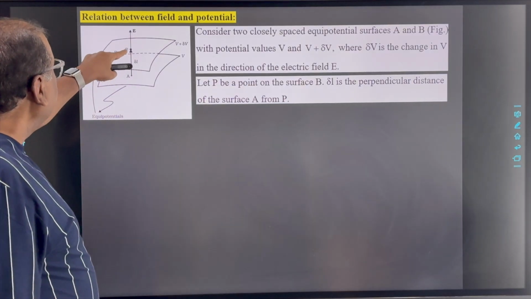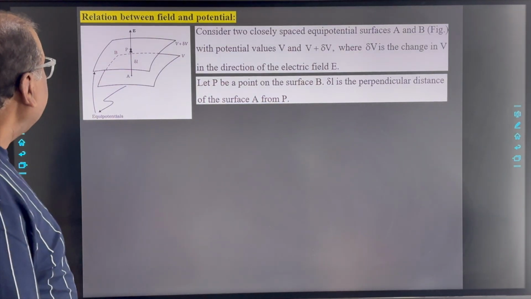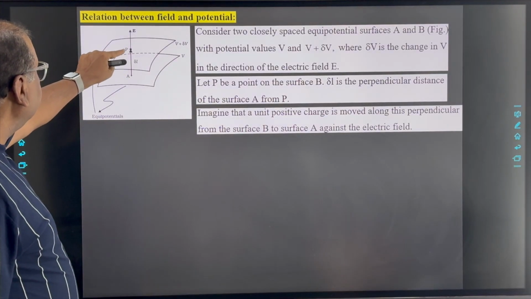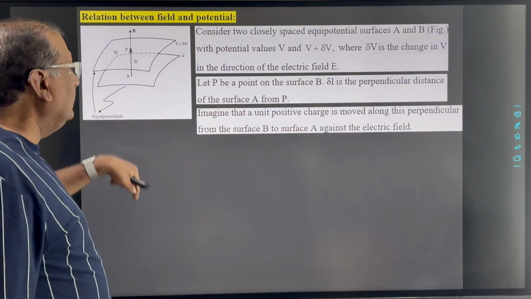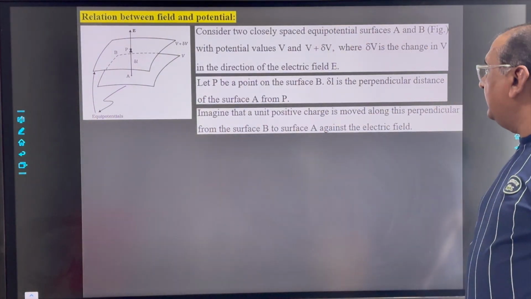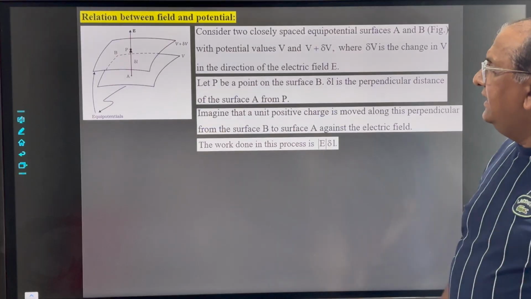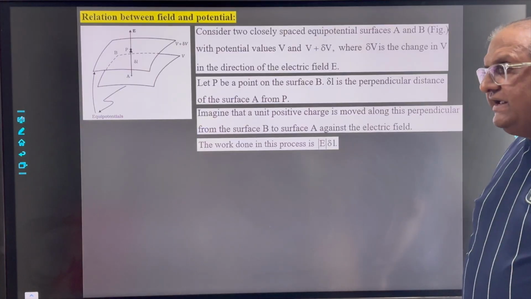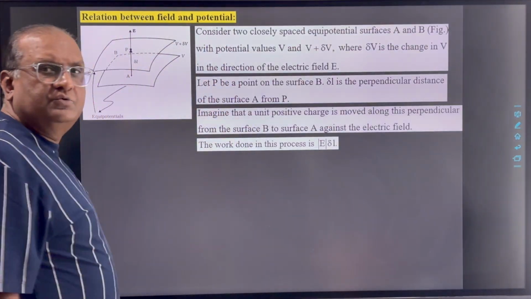Now imagine a point P on surface B. Now suppose a unit positive charge is moved from point P to surface A against the field. Clear? So in this case the work done is E into delta L.